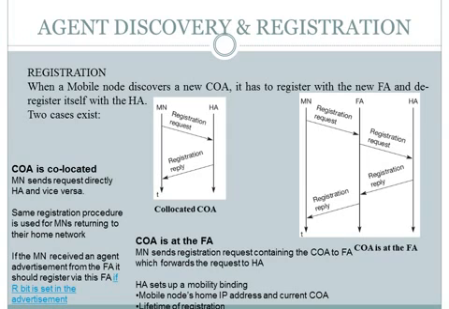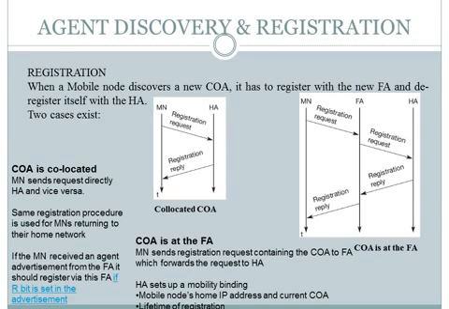In the first case, it is enough that the mobile node registers with the home agent and the home agent sends a reply back to the mobile node. In the second case, the mobile node sends to the foreign agent. I told you, whenever it enters a new network, it has to first send a registration request to the foreign agent, and that will send the registration request to the home agent. In turn, the home agent will send a registration reply to the foreign agent, then to the mobile node. Then the registration process is complete.